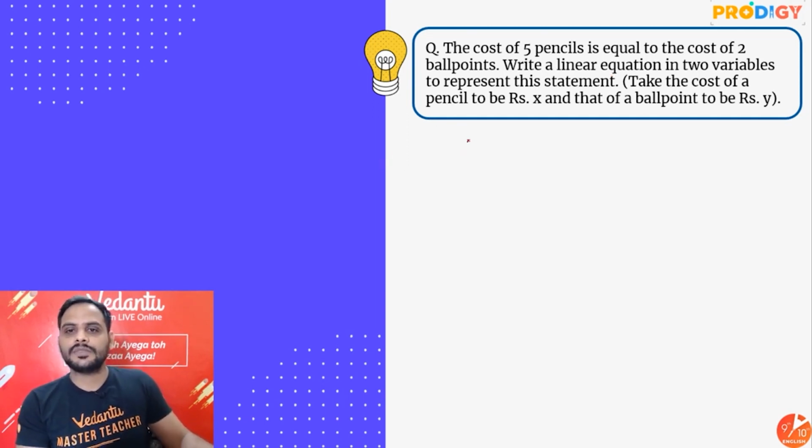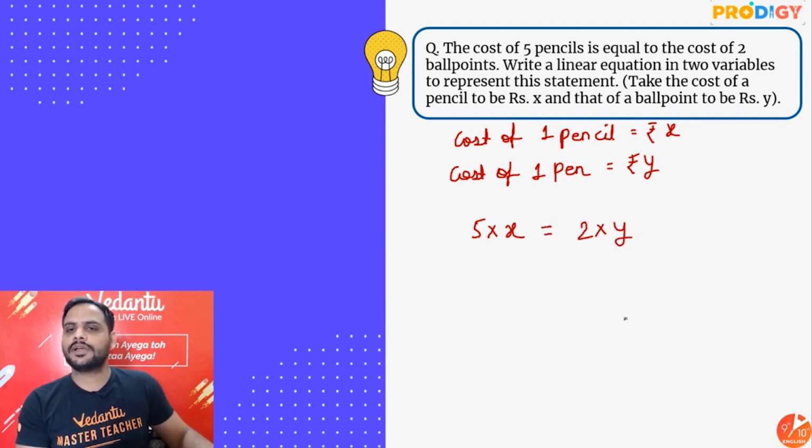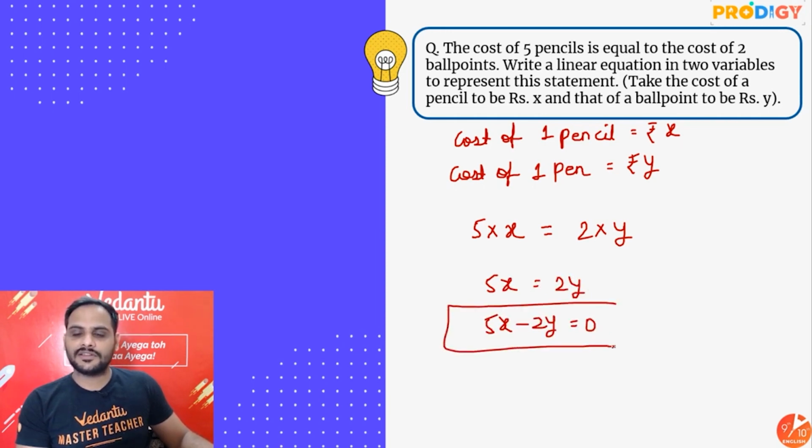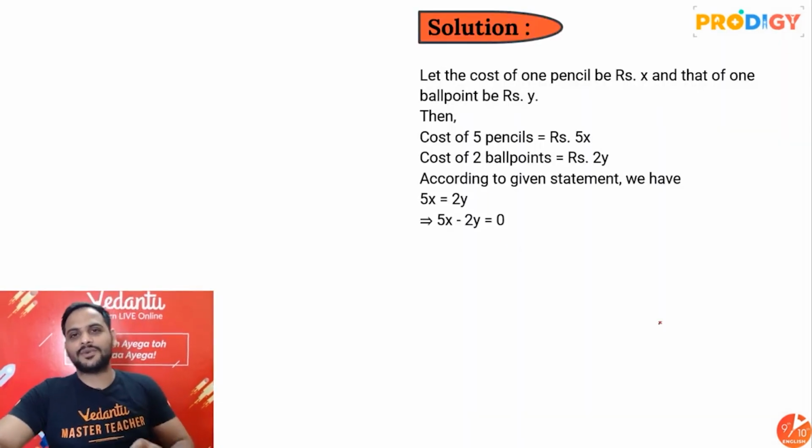So the cost of 1 pencil is rupees x and the cost of 1 pen is rupees y. Cost of 5 pencils will be 5 into x, which is equal to 2 ballpoint pens, so 2 into y. So we have 5x is equal to 2y. That means 5x minus 2y is equal to 0. This is our equation, simple.